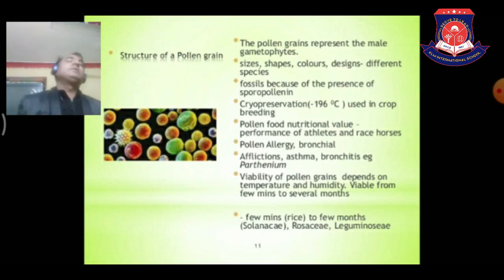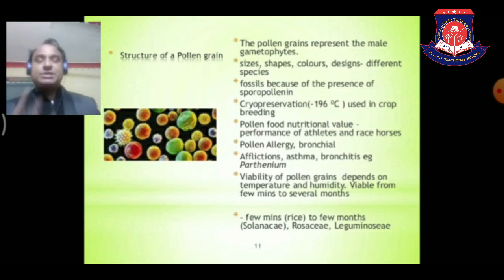Pollen grains have two layers: the outer layer is called exine and the inner layer is called intine. Exine contains sporopollenin, a substance which does not undergo degradation by any enzyme. Due to this reason, pollen grains can be preserved for a long time.